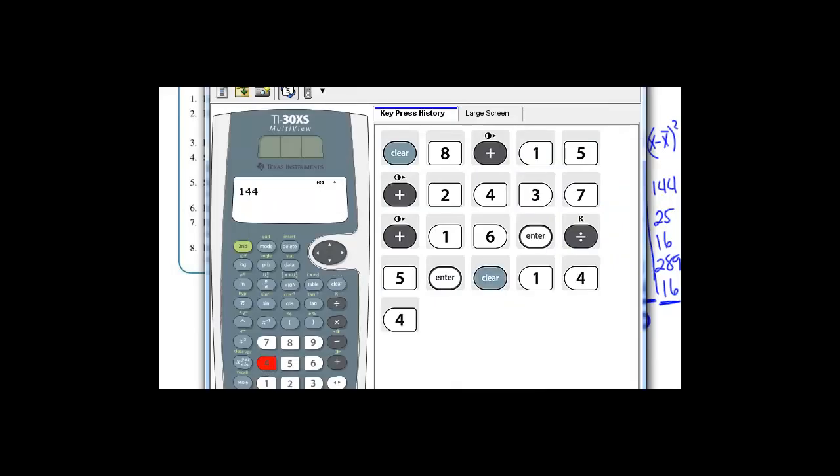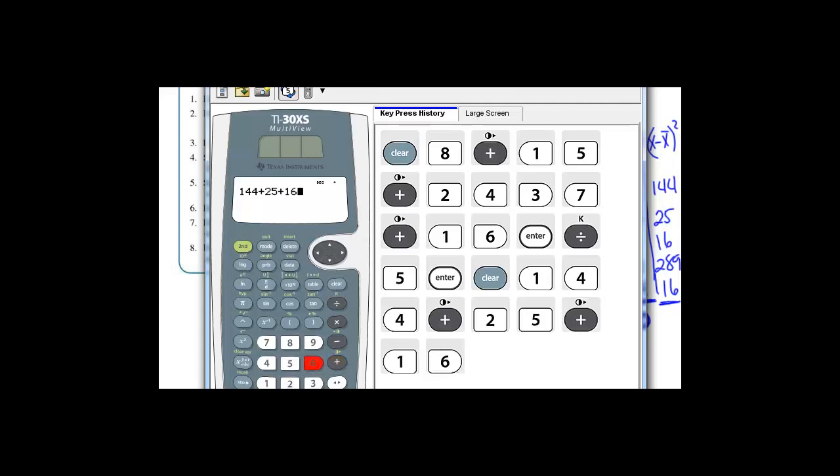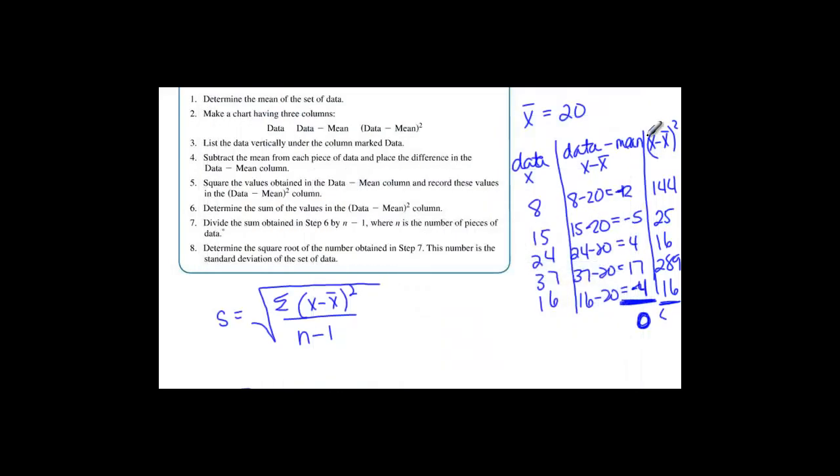we would have 144 plus 25 plus 16 plus 289 plus 16, which gives me 490. So the sum here would be 490.